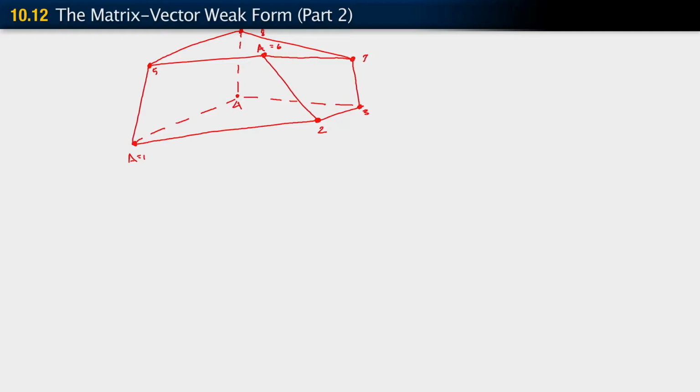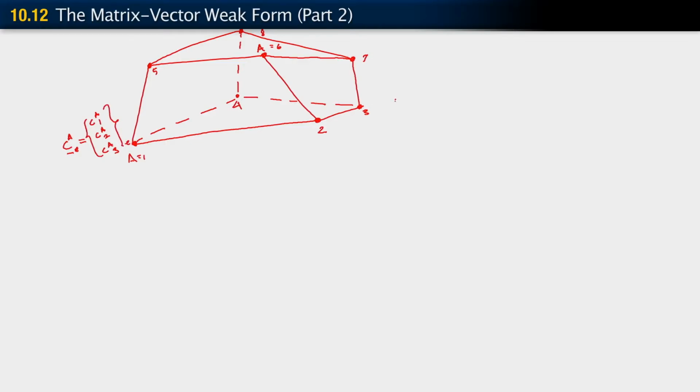Okay, and the situation that we have is that C_AE is C_A1, C_A2, C_A3, for element E, and likewise D.